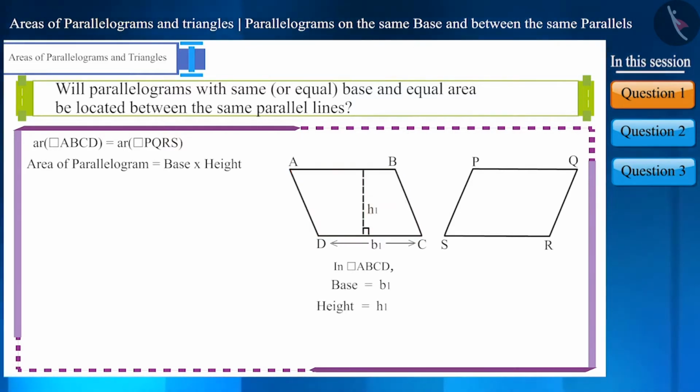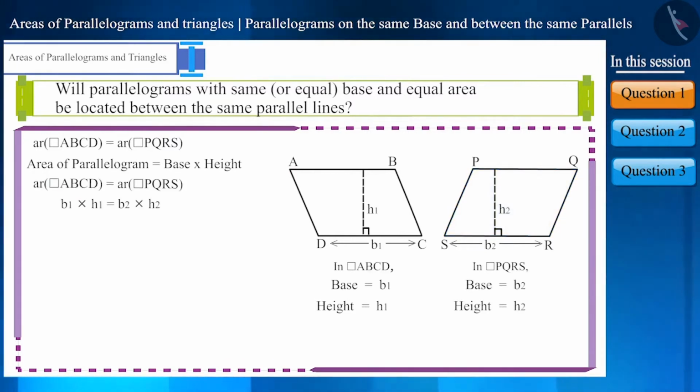Similarly, the base and height of parallelogram PQRS are B2 and H2 respectively. Therefore, we can write it like this also. And since the bases of these two quadrilaterals are equal, therefore, by writing B1 equal to B2, we will get this. Thus, we will get H1 equal to H2.